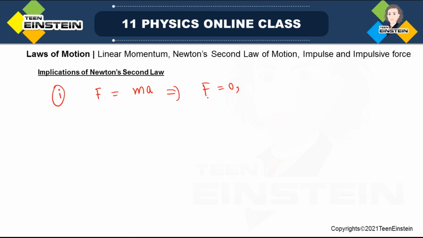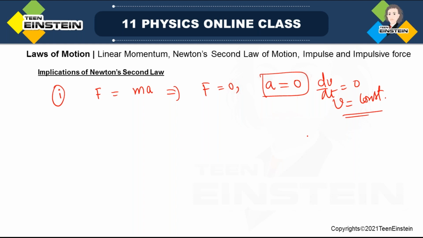The mass is not going to be 0, so the acceleration is 0. Again, if this is 0, then dv/dt is 0, and acceleration is dv/dt, so v is equal to constant.